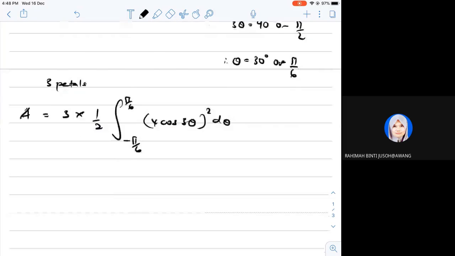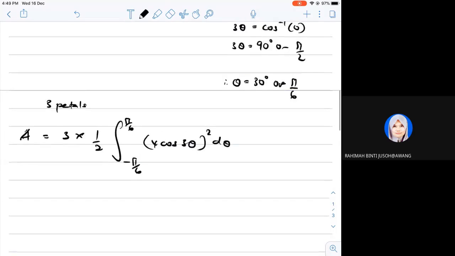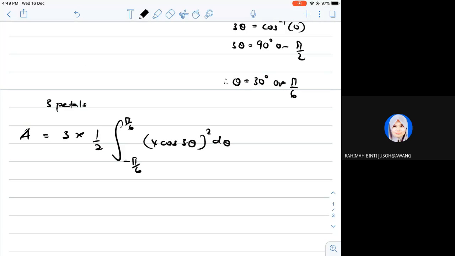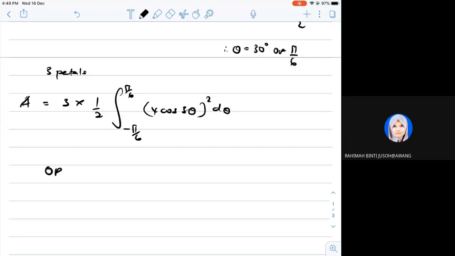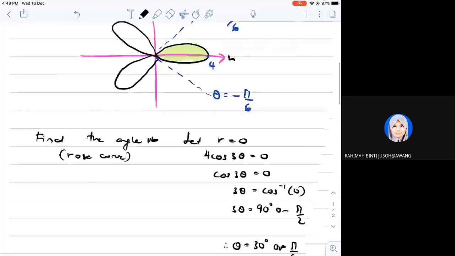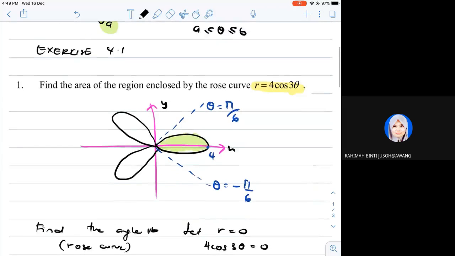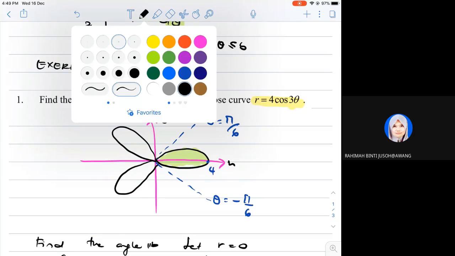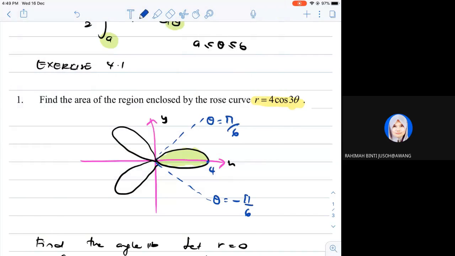All right, so this is the first method. We consider from negative pi over 6 until pi over 6. Or you can also consider half of the petal. Let's say I just consider the first half here, half of the petal.